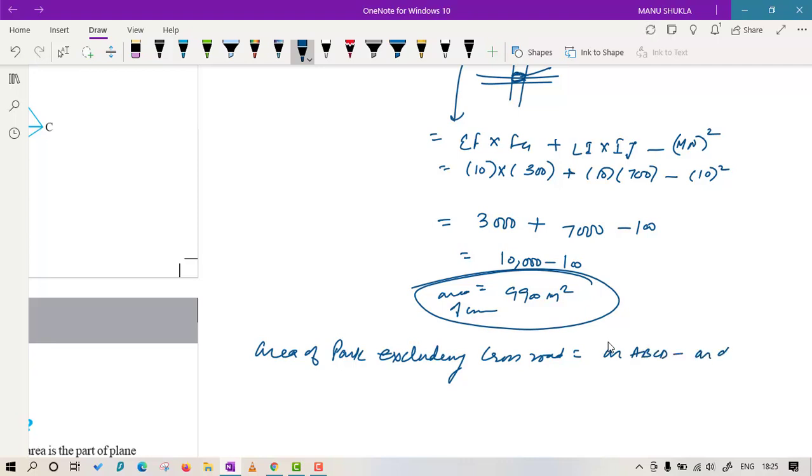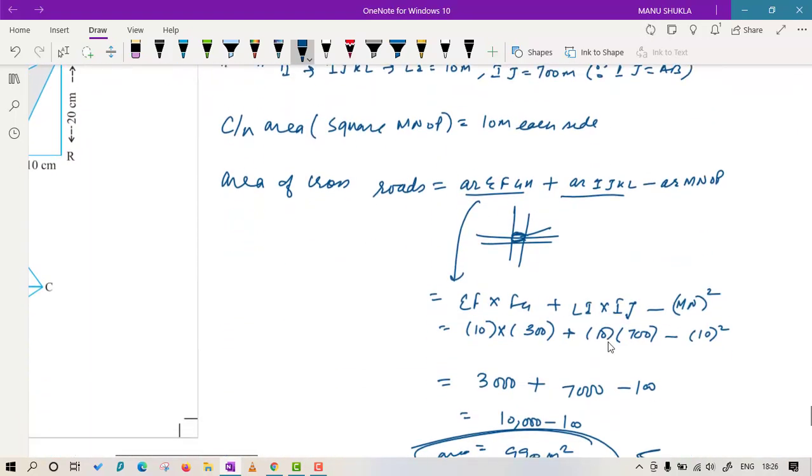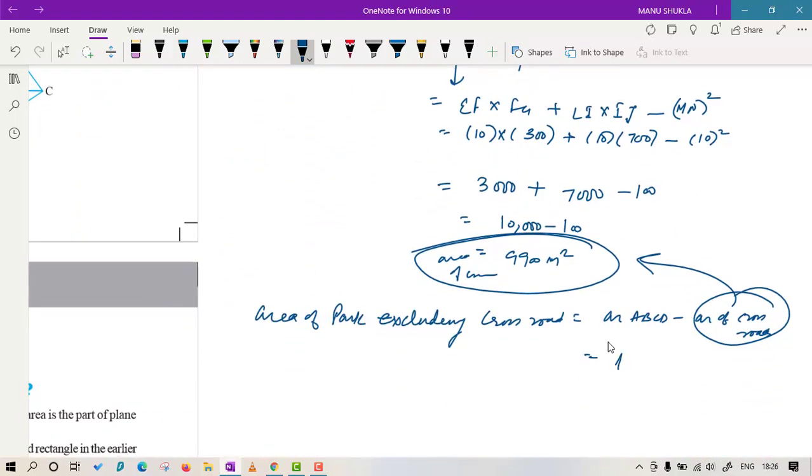This we have already found above. So what is area of ABCD? Area of ABCD is the length, which is AB into BC. So let's write AB into BC minus 9900, and write the value of AB and BC. AB is 700 and BC is 300.